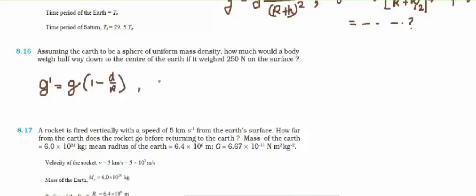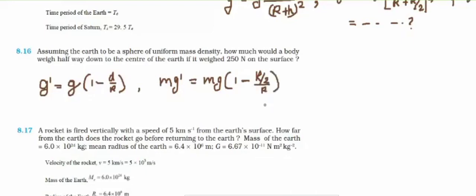Here also both sides of the equation you can multiply by m. So mg dash is equal to mg into 1 minus depth is given half of the radius of r. So r by 2 divided by r.